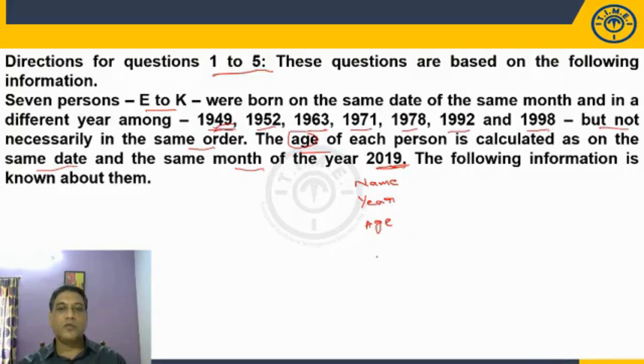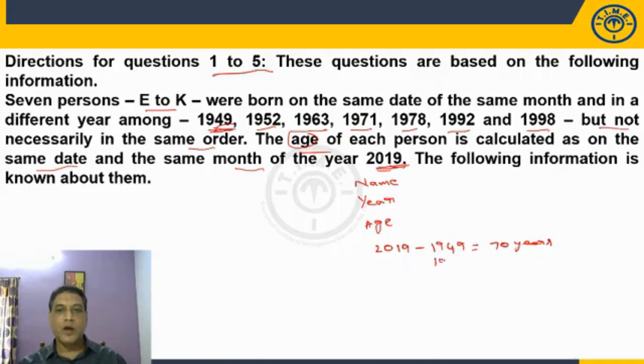The person who was born in 1949. So as on 2019, so 2019 minus 1949. So what will be the age of this person? If you subtract, this would be 70 years. So the age of the person who was born in 1949 as on 2019 is 70 years.